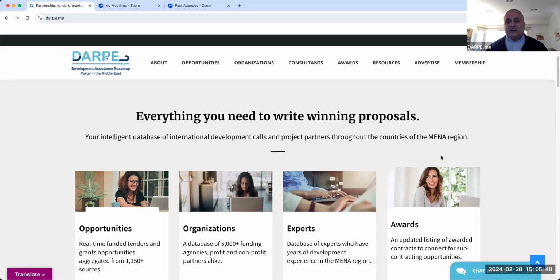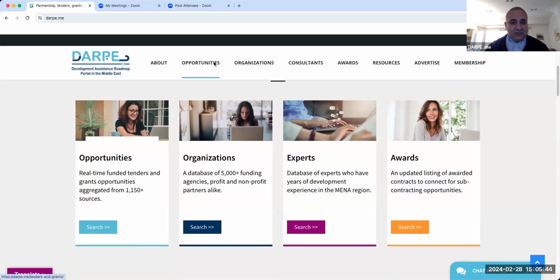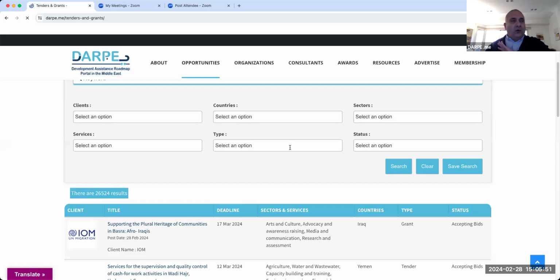In DARPE, for instance, you can find opportunities. I mean all tenders and grants opportunities, all procurement notices, which are sourced artificially using coding and algorithms, as well as personnel.